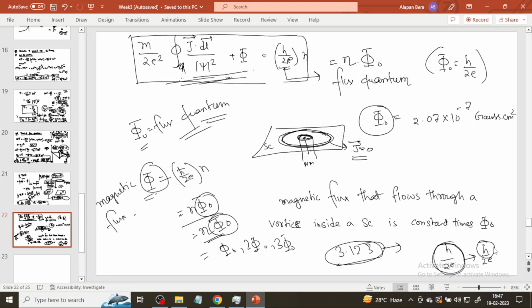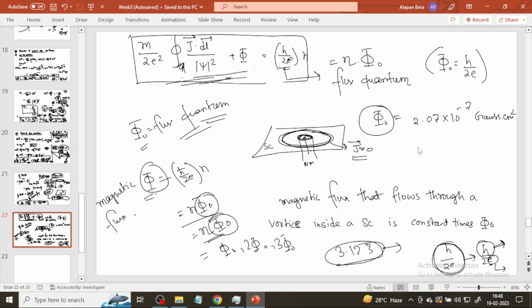We know that this is the Planck's constant and this is the charge of the electron, and these are two natural constants. The values of h and e are always the same. So by measuring the magnetic flux that is passing through a superconductor vortice, you can verify that the ratio h cut by 2e that is universally used is exactly close to this flux quantum value.